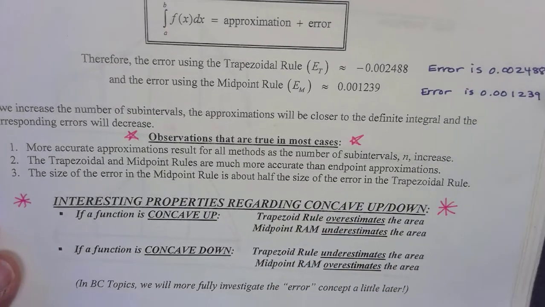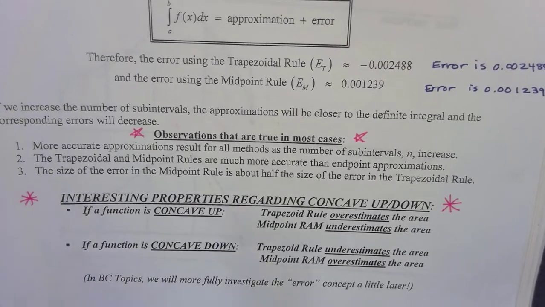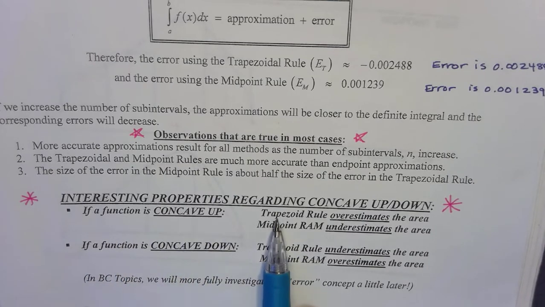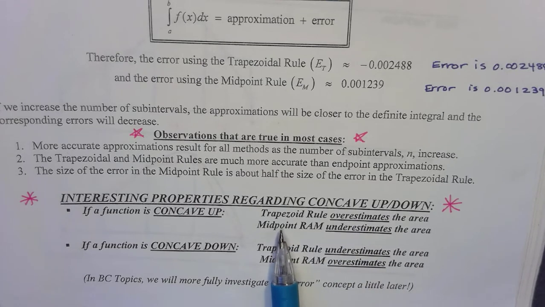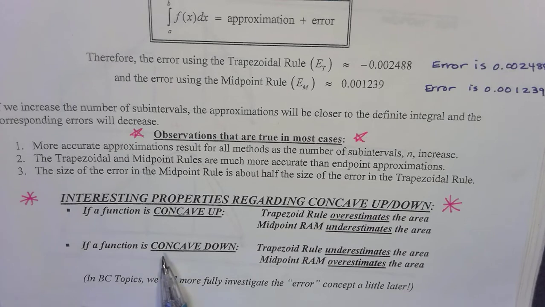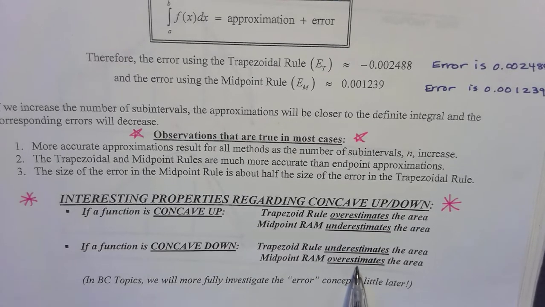That's kind of a neat observation, isn't it? Interesting properties. This is a key. If a function is concave up, a trapezoid approximation will overestimate and a midpoint will underestimate. If a function is concave down, a trapezoidal rule will underestimate and a midpoint rectangular approximation will overestimate.